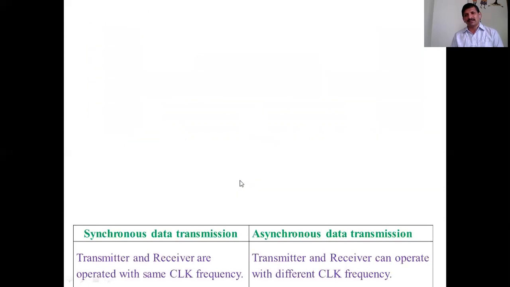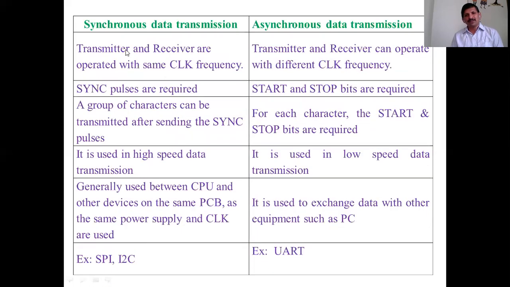So check the differences. In synchronous communication, both the transmitter and receiver operate with the same clock frequency. In asynchronous, different clock frequencies. In synchronous, we require synchronizing pulses. In asynchronous, start and stop bits are required.